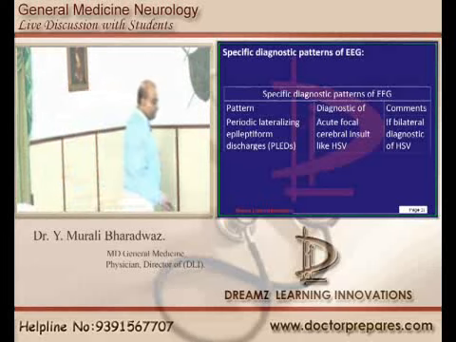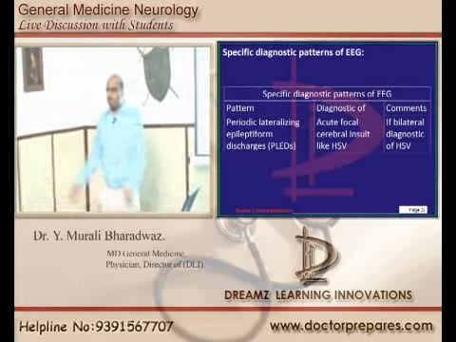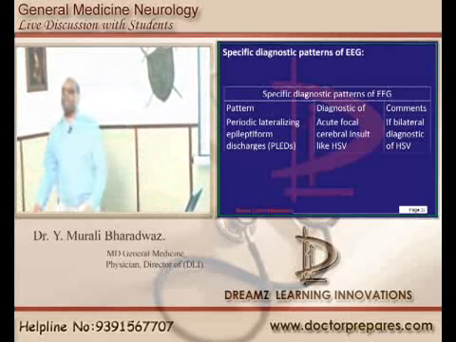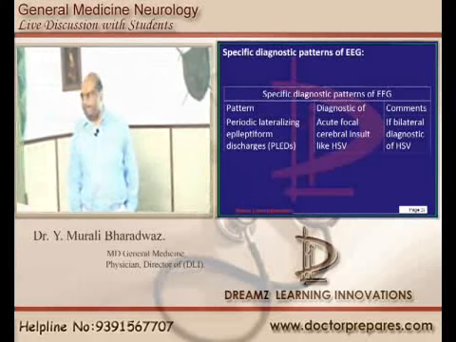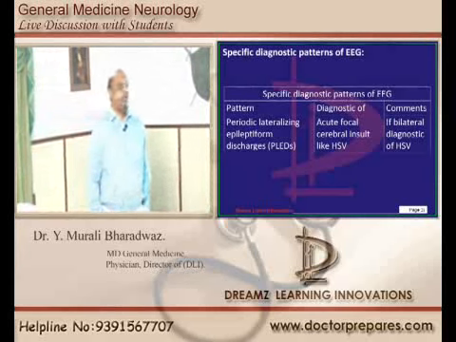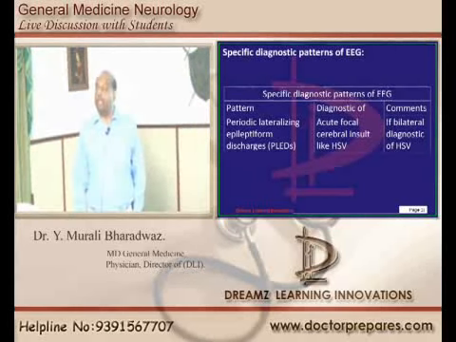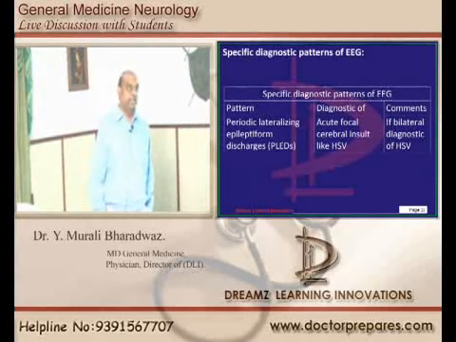Now tell me, doctor, how do you recognize a typical patient who is having HSV encephalitis? Typically, the patient is an elderly person, immunocompromised, lying on the bed in a comatose and stuporous state with a high-grade fever, is a typical patient.